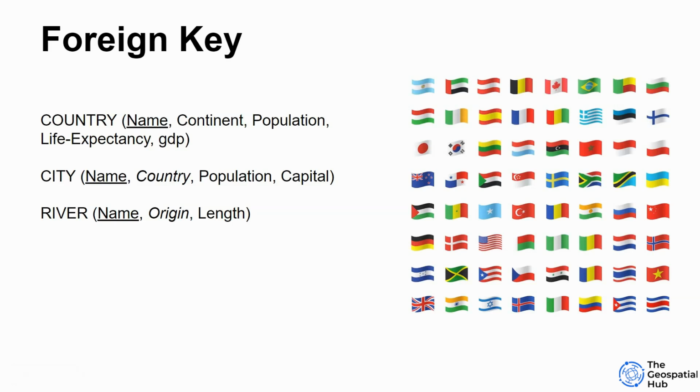So a foreign key is basically the column of a table that appears in another table where it was previously the primary key. So for example, if you look at this country table, right, the name right here is the primary key. But now when we are coming to this city table, how do we reference the country that a city is currently in? We can reference the country using the country name, right?